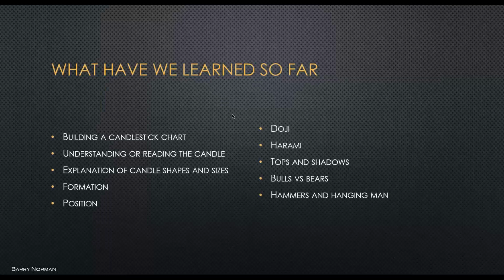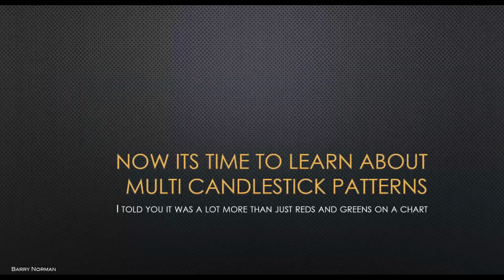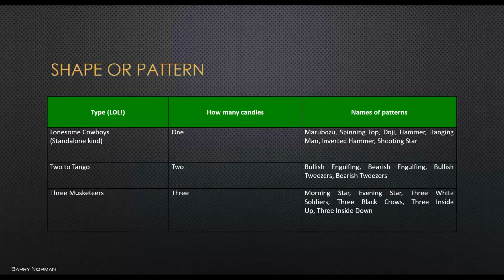But what we've talked about is building a candlestick chart, understanding and reading the candlestick, an explanation of the shapes and sizes, the formation of the candle, the position of the candle, what a doji and a harami are, what the tops and the shadows of the wicks are, bulls versus the bears. We've talked about hammers and hanging men. But remember, I told you it was a lot more than just reds and greens on a chart.